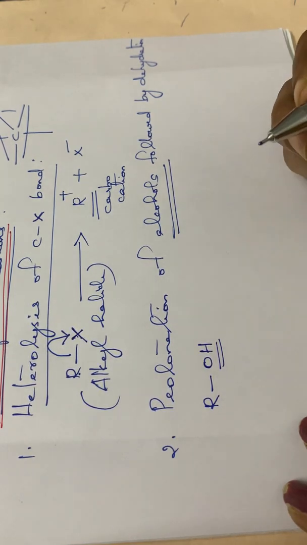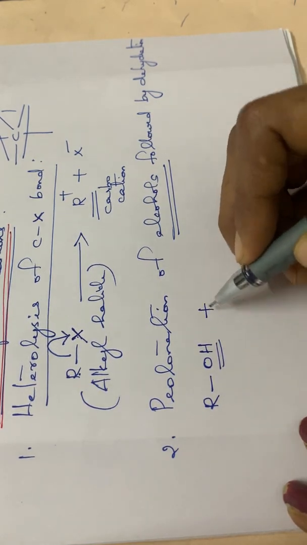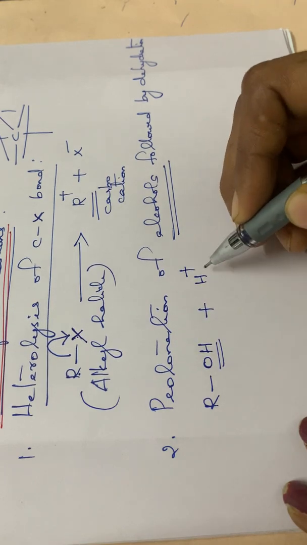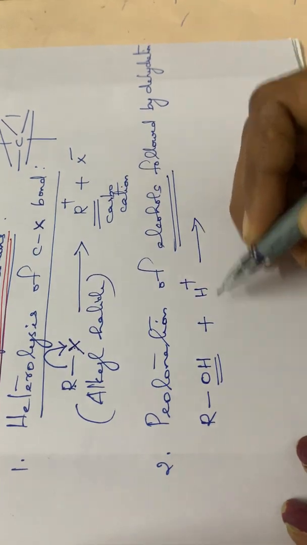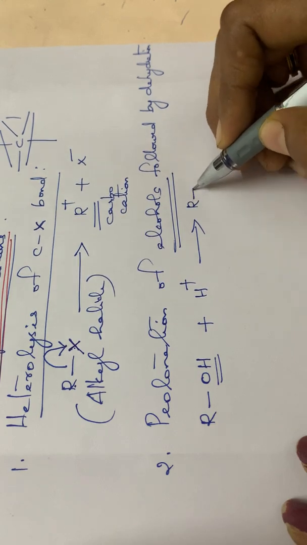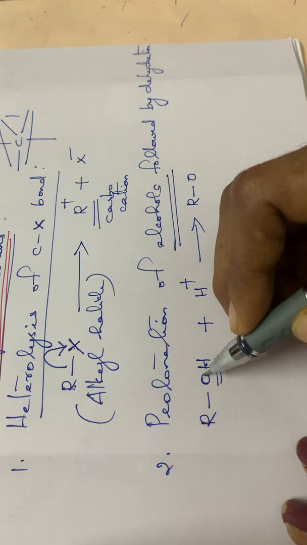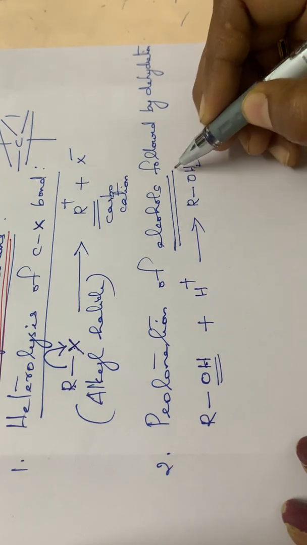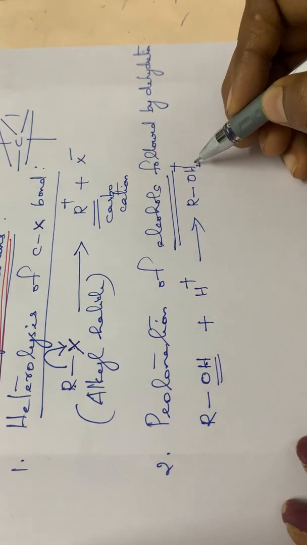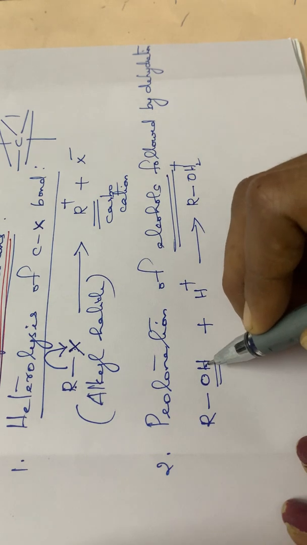OH is the functional group for alcohols. Protonation means addition of H plus, or addition of a proton. The H plus will be added to this OH, so that this OH becomes OH2 plus. So we get ROH2 plus.